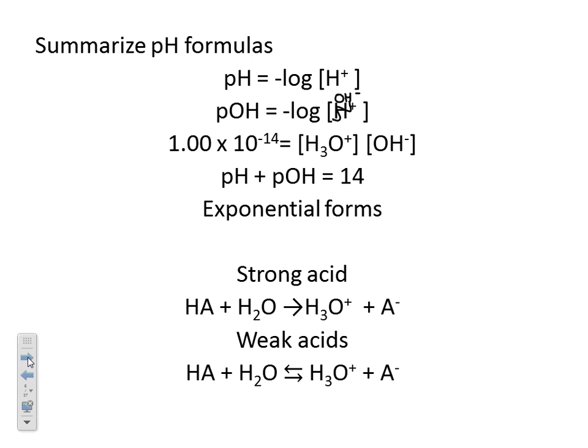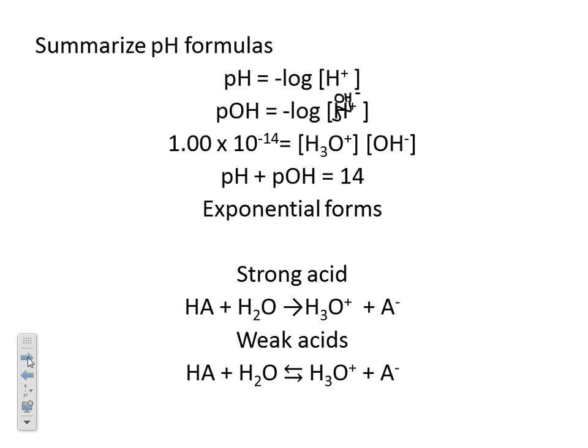And then really this pH plus pOH equals 14 is really just the negative log of hydronium plus the negative log of hydroxide equals the negative log of 1 times 10 to the negative 14. That's just taking the logarithm of all of those numbers from the Kw of water.